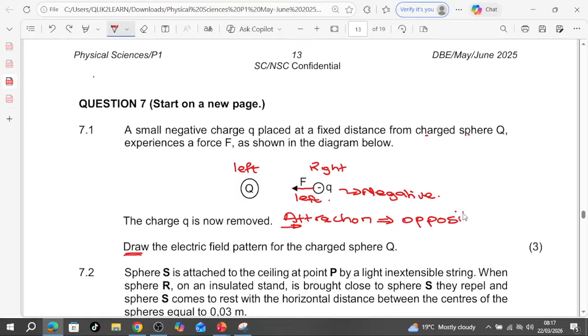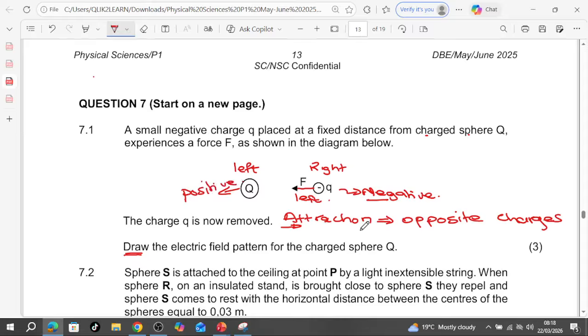Right, I think now you see where I'm going with this. So we said this is attraction. This tells us that these are opposite charges. So we can therefore say, since q is negative, this will make Q positive.